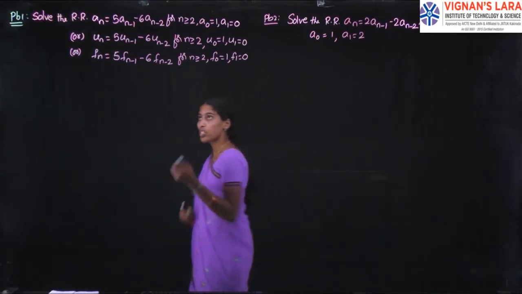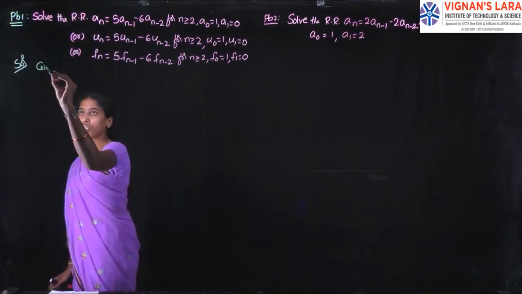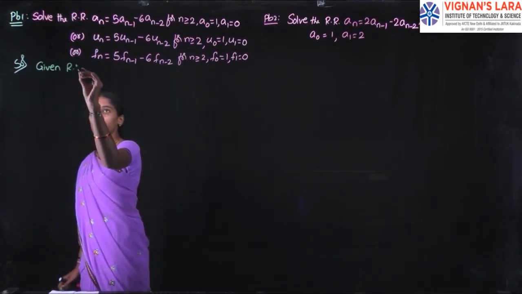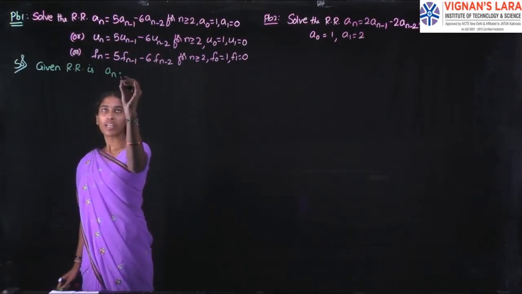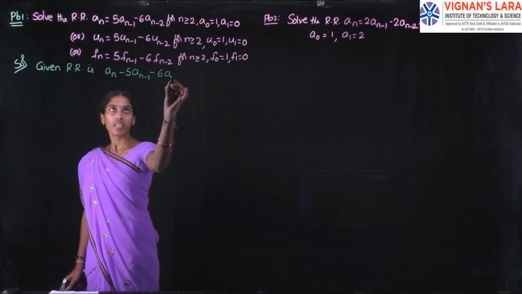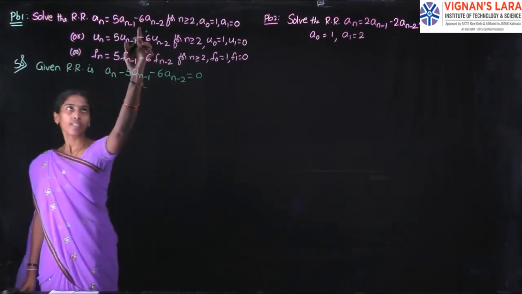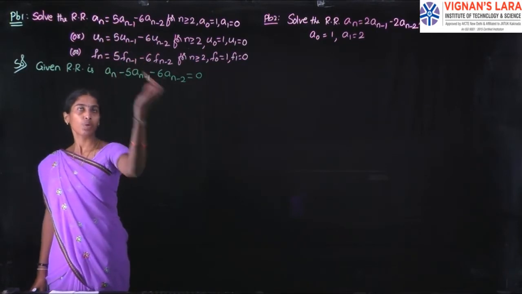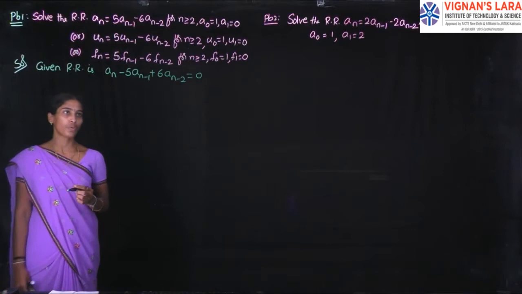Now we will see the solution of this one. The given recurrence relation is a_n minus 5a_(n-1) plus 6a_(n-2) equal to 0, taking the two terms to the other side, because on the RHS side it is minus, so taking the term to the LHS it becomes plus 6a_(n-2) equal to 0.